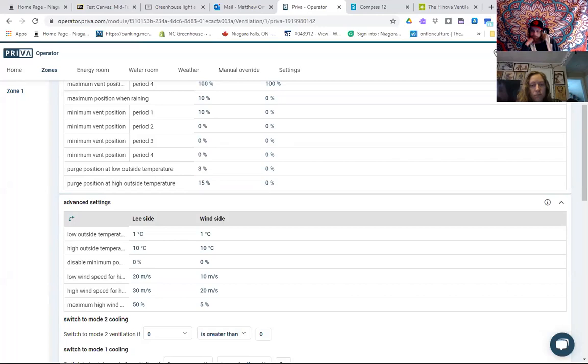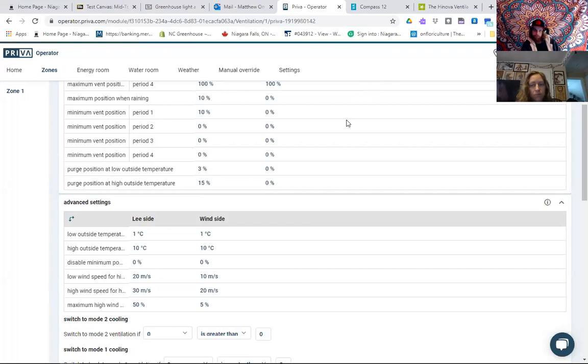Pete's asking, if the wind changes directions, do the vents quickly switch? That depends on how fast the wind is blowing and how long it has been blowing. It's not going to switch if it's like a 15 meter per second wind or airflow outside and it switches for like 10 seconds, because it's going to swirl.